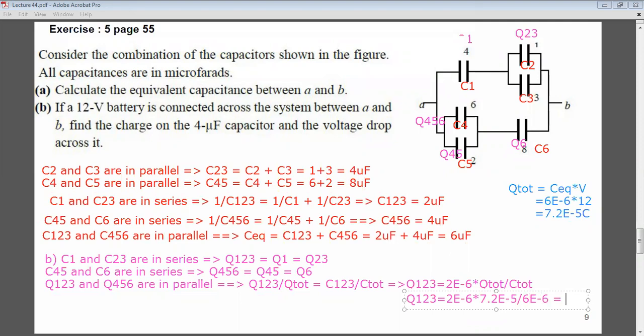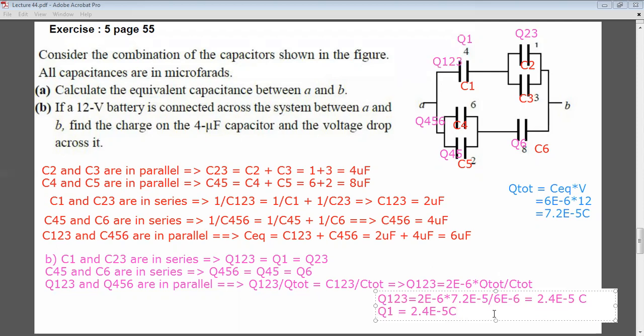And this is 2.4e to the minus 5 coulomb. Okay, so this is Q123, which is the same as Q1. So Q1 is equal to 2.4e to the minus 5 coulomb, because the question is find the charge across the 4 microfarad, that is Q1. That is C1, so I have to calculate Q1.